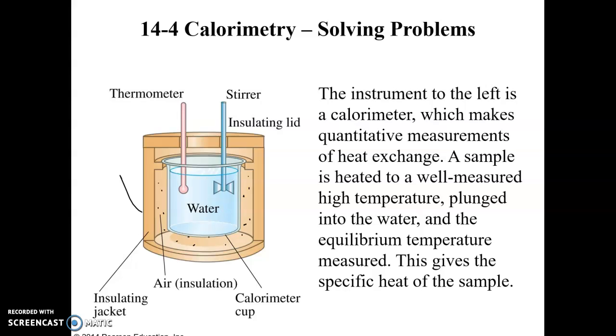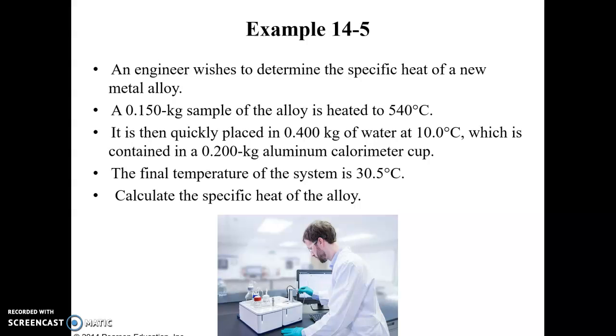And so I'll introduce this problem here, but as I look down at my timer, I don't think I'll have time to finish the problem. We'll have to do that in the next video. But you can use a calorimeter like this engineer is in this problem. He wants to determine the specific heat of a new metal alloy.